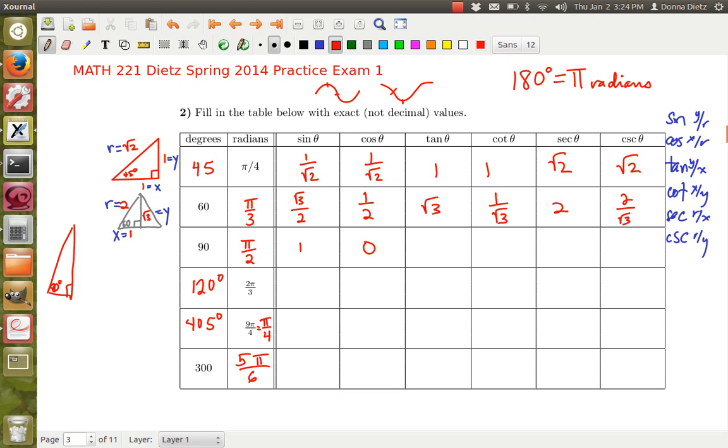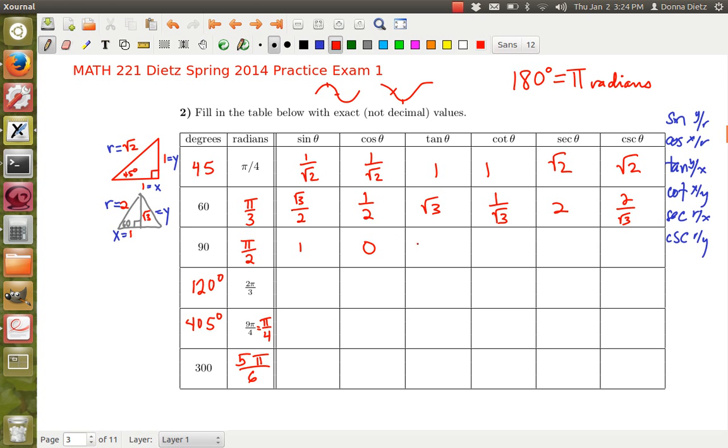What would a 90 degree triangle look like? Well, that would be 0, that would be 1, and that would be 1. So as you go to 90 degrees, r goes to 1, y is like 1, x is like 0. So if that helps you, you can draw that crazy triangle. That's the alternate way to do that.